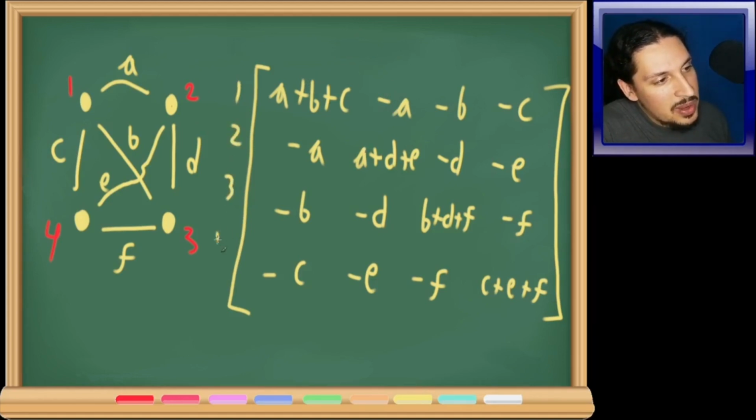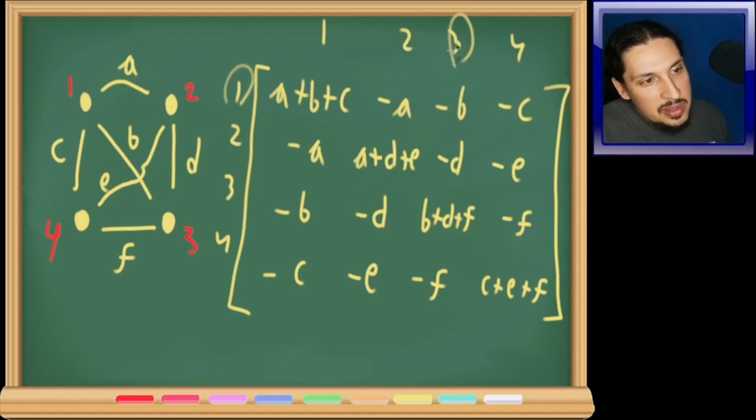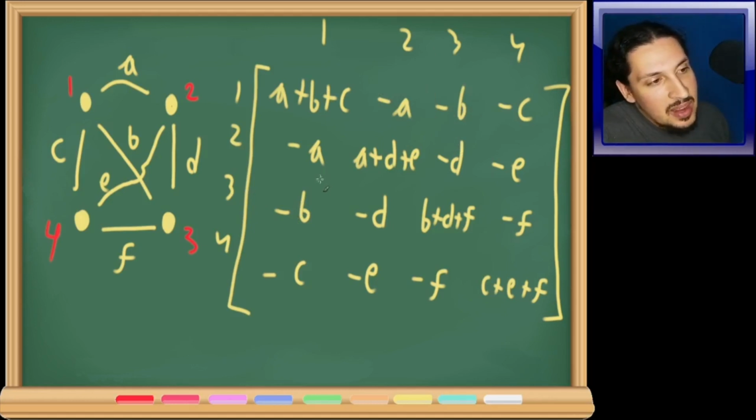So for example, 1, 3, I call it B, and we have B at 1, 3, and this is symmetric, so at 3, 1 I also have B. But all the edges are negative. That's just the definition. And in the diagonal, you have all of the edges of that node, but positive. So node 1 has A, B, C, so A plus B plus C. Node 3 has B plus D plus F.